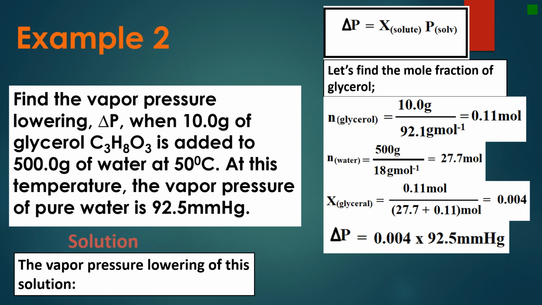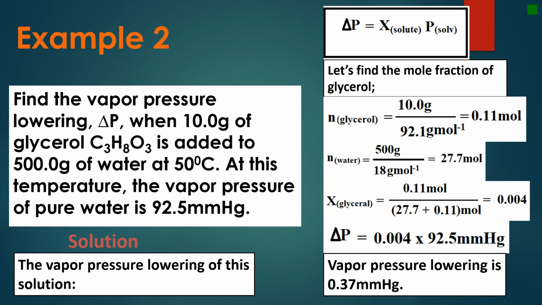Then to find the vapor pressure lowering, we take the product of the mole fraction of glycerol and the vapor pressure of pure water, which is 0.004 times 92.5 millimeters of mercury, and then we find the vapor pressure lowering, which is equal to 0.37 millimeter of mercury.